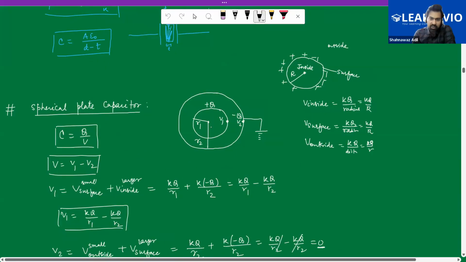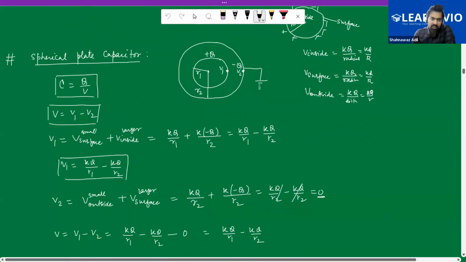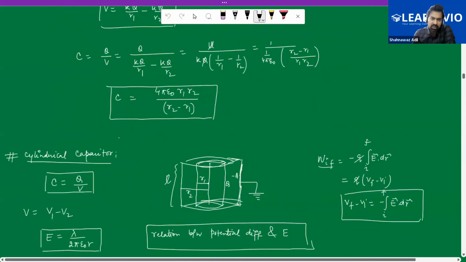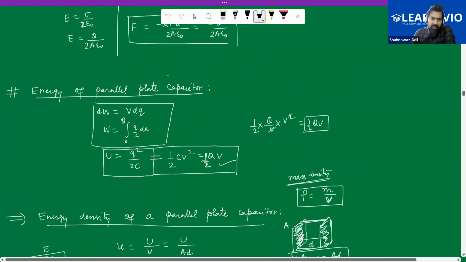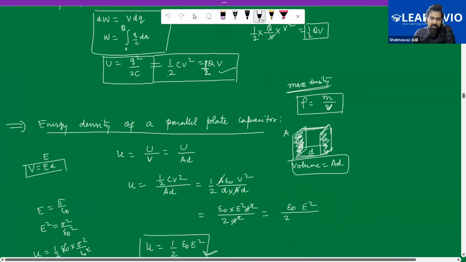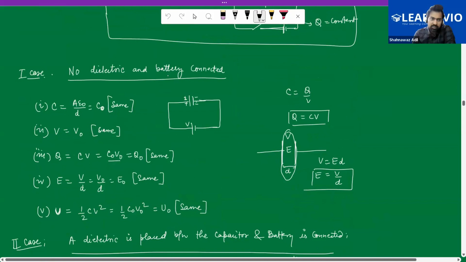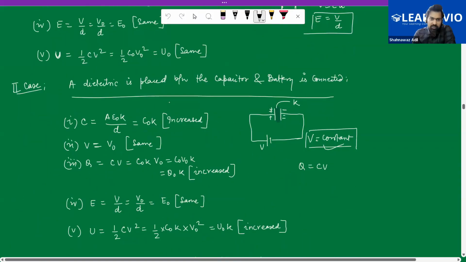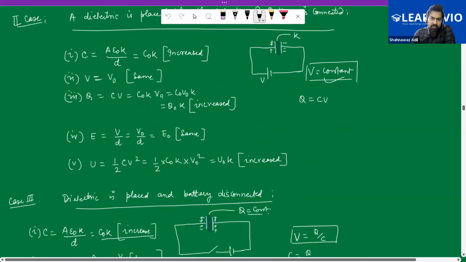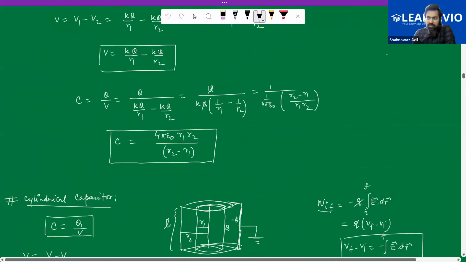And I want to talk about the Earth's capacitor, but these are two different capacitors. Okay, so let us understand all these things.